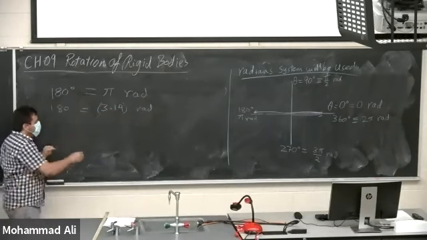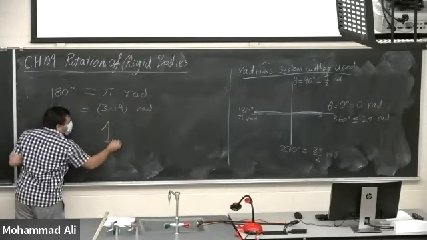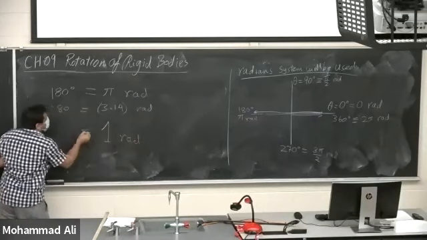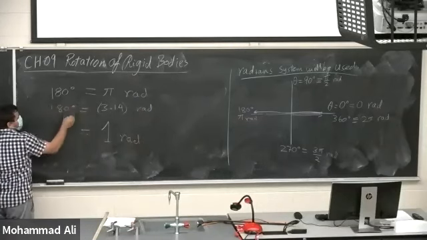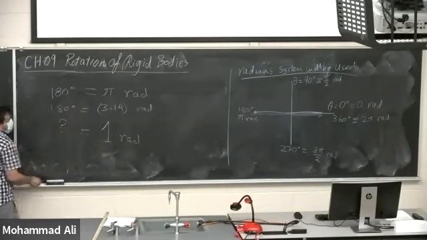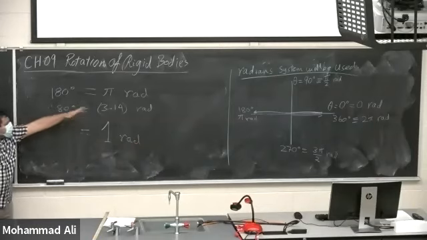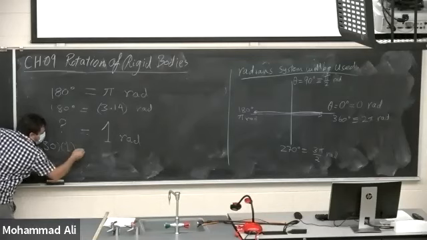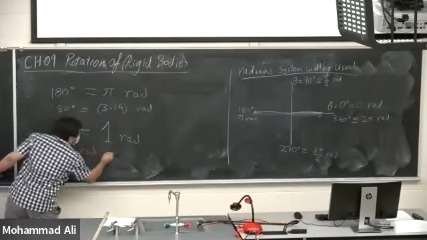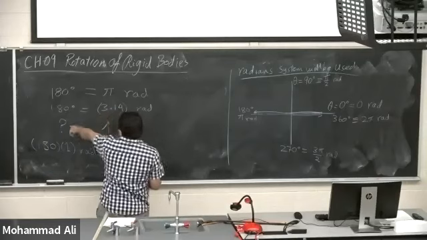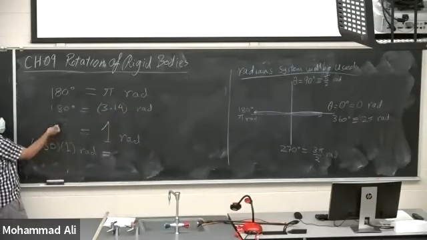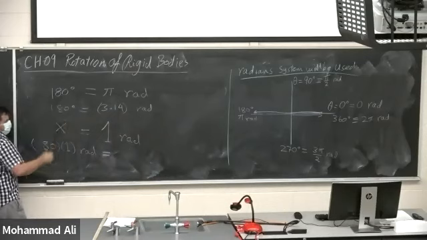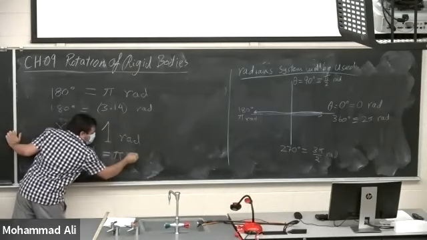How much is 1? I need to find how much 1 radian is. How many degrees is it equal to? I just need to cross multiply between them, which is 180 multiplied by 1 radian is equal to pi multiplied by the unknown value, which I name x, which is pi x.